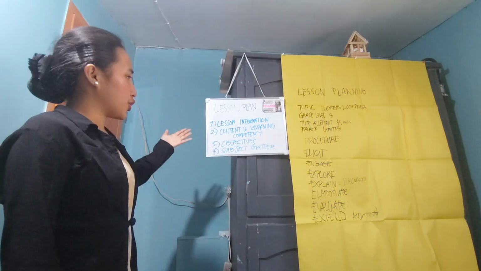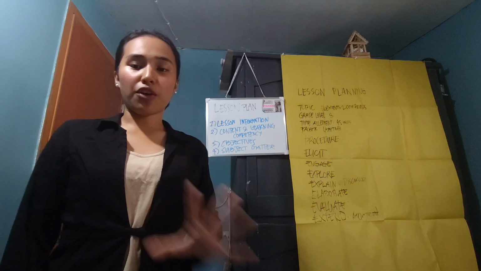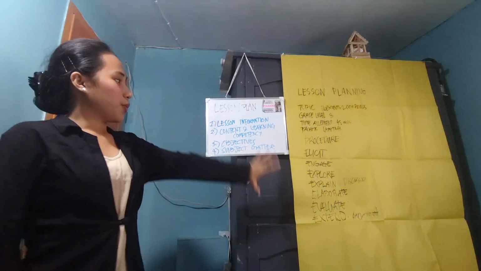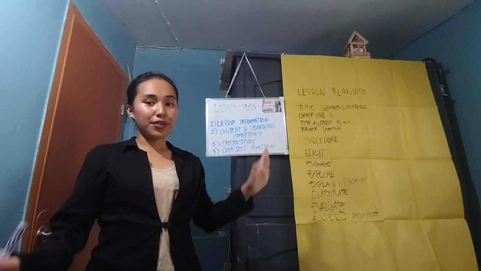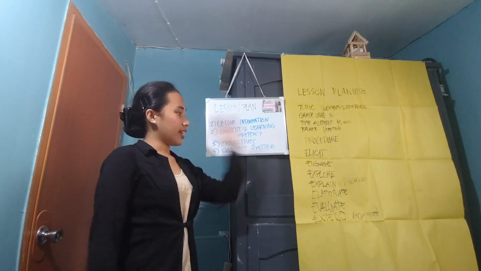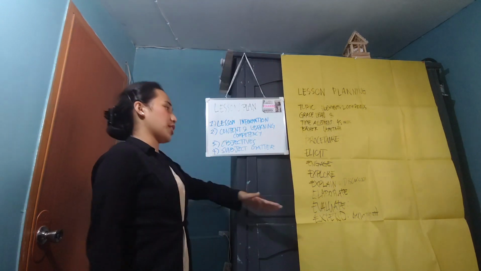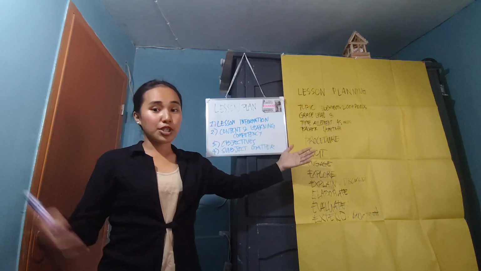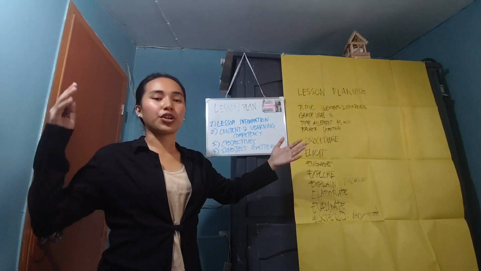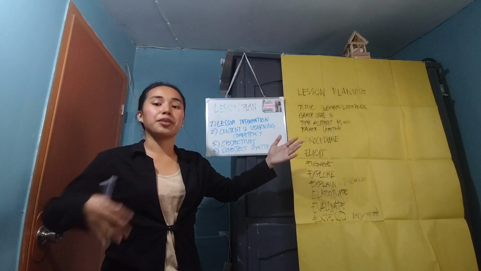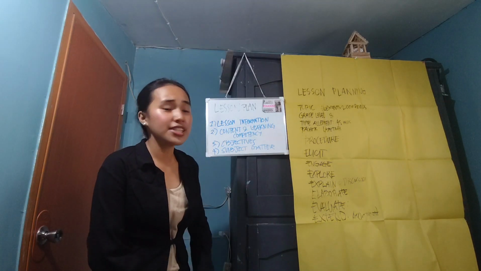So, to give a little overview again, in the 7E we have first elicit, the first part, which is knowing the prior knowledge of the students.